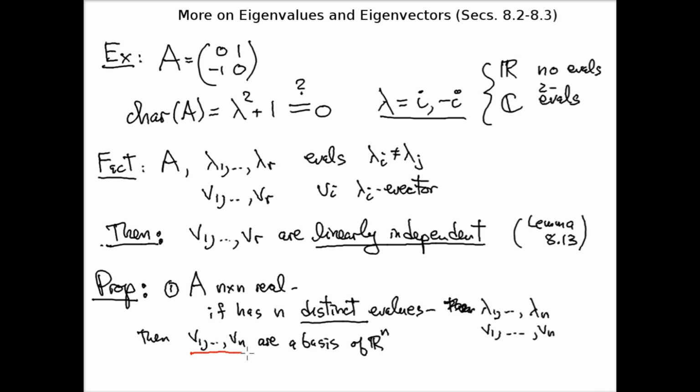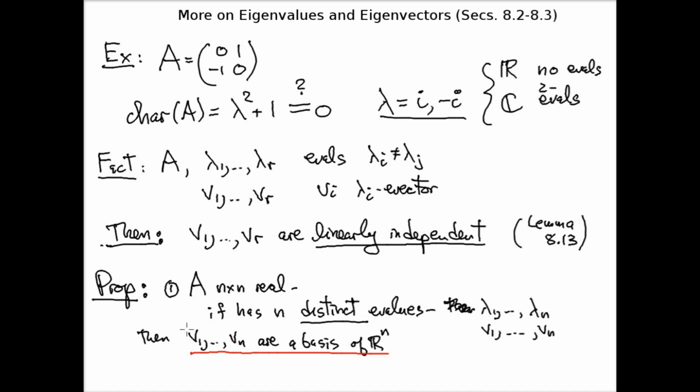So this is extremely nice. If you have an n by n real matrix with distinct eigenvalues, you can find a basis which is well suited to the matrix. Of course, if you have an n by n matrix, there are many, many different choices.